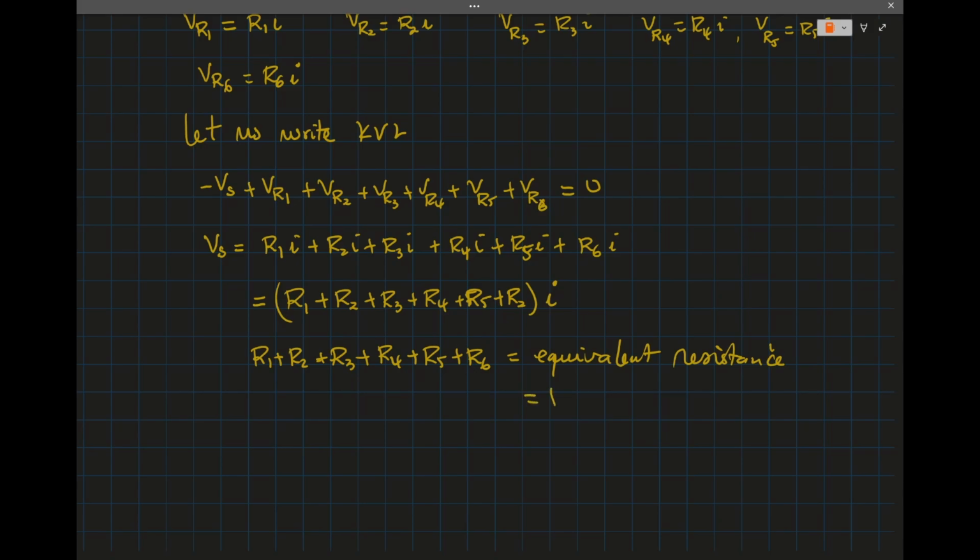We call it R equivalent. So Vs equal to R equivalent times I, where R equivalent is the sum of Ri from i equal to 1 to 6.